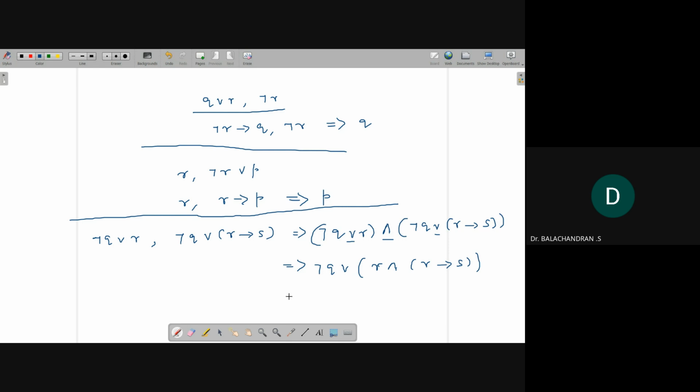So you can see this step: negation Q or (R and (R → S)).